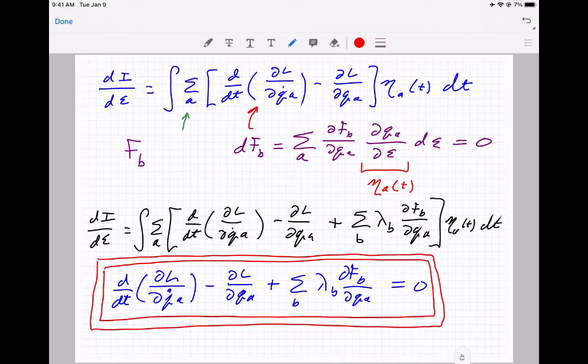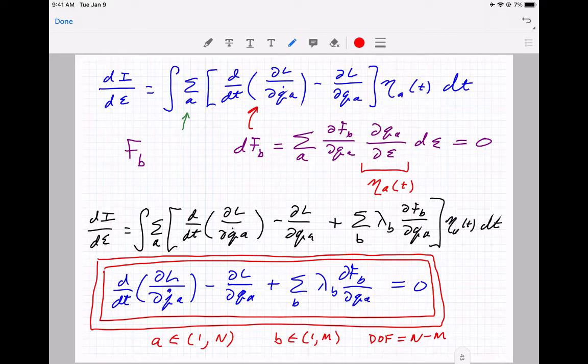And so I also do want to say then that A is going over the number of generalized coordinates. Let's say we've got n generalized coordinates, but then B is going over the number of equations of constraint. And so the degrees of freedom is actually n minus m.